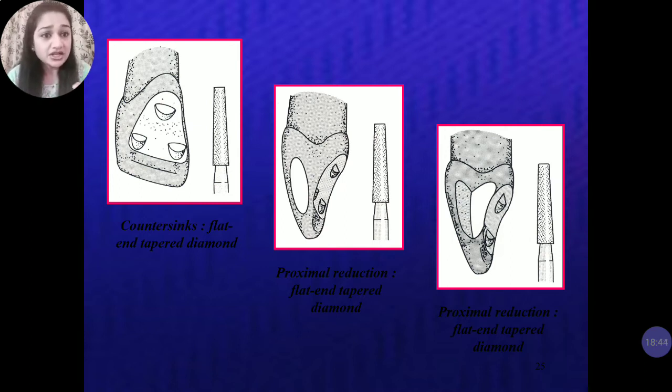The proximal retention is done using a flat and tapered diamond bur. The preparation is extended a little towards the facial surface and a little onto the palatal surface as given in this photo.